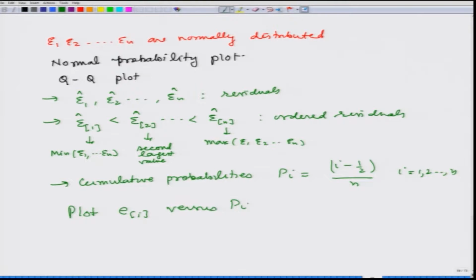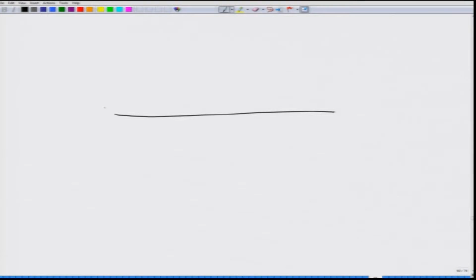When we do so, we can have different types of situations. Before we describe those situations, let me explain the concept of heavy tail distribution, light tail distribution, and positively skewed and negatively skewed distribution. Suppose this is our normal distribution.